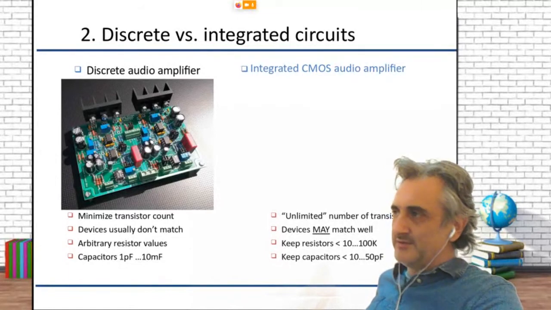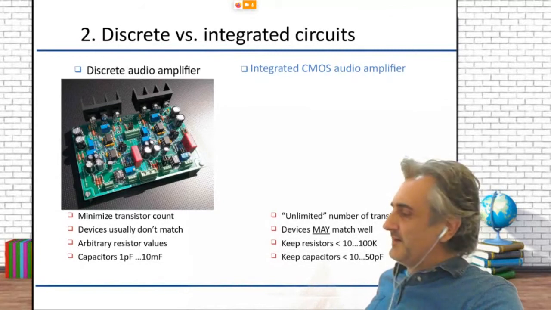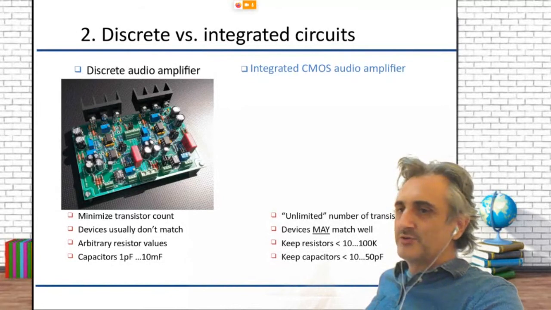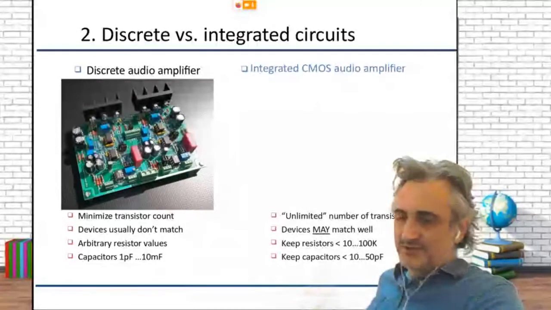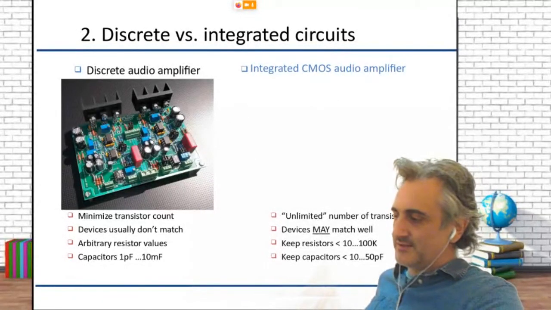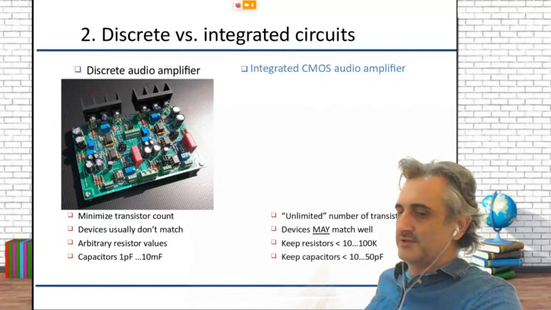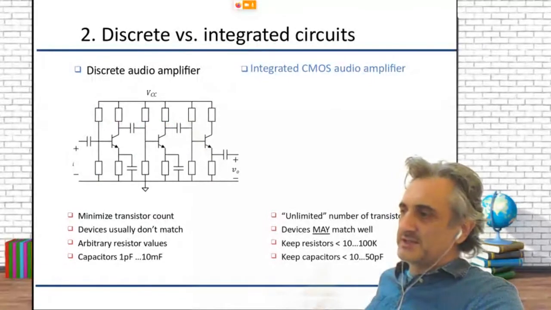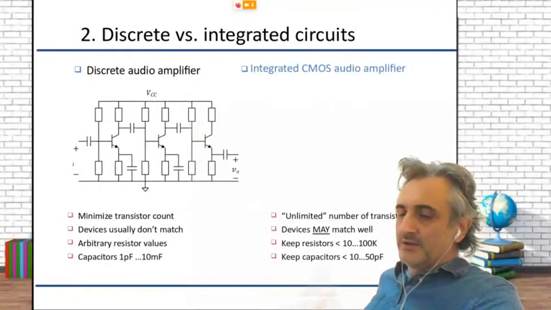The good thing about the discrete design is that you can choose nearly any resistor value or any discrete component value you need. And also the capacitors, you can choose whatever you wish, and you can also include inductances, which are complex to include in other kinds of circuits. So you get this kind of circuit with arbitrary values for the passive components.